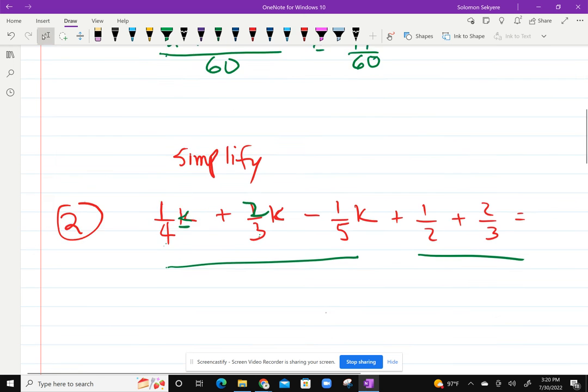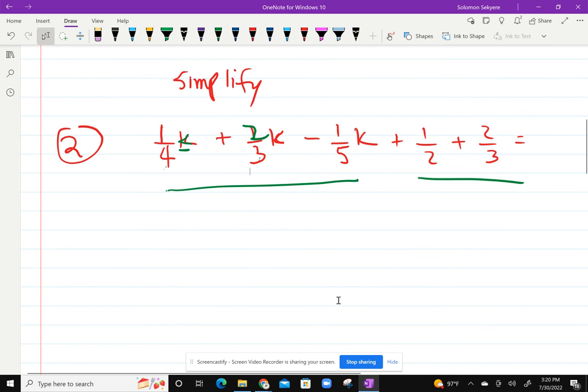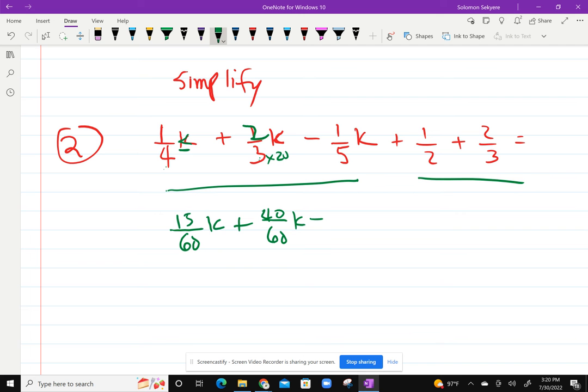Remember what we just did here? We converted everything to the same denominator. So the same thing over here, the LCM of 3, 4, and 5, we already know is 60. So this one becomes 15 over 60 k plus 3 times 20, 2 times 20, 40 over 60 k minus 12 over 60 k.